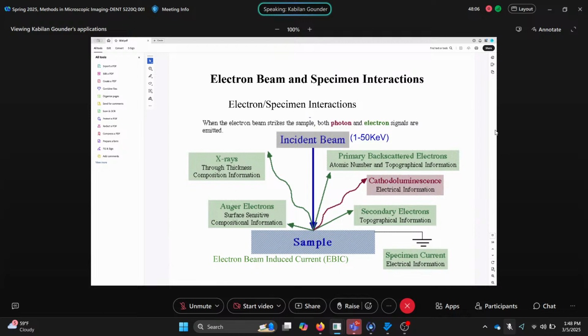Then the backscattered electrons, if you really want to measure atomic number, and they also give you topography information. So based on this figure and illustration, not only are you seeing the structure of any sample, but you can also get more information on different elements based on what kind of signals you are getting and identifying.